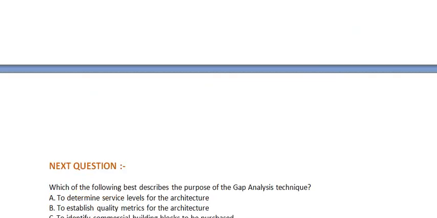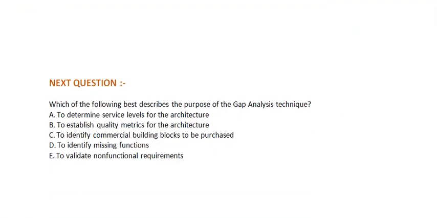Now moving to next question: which of the following best describes the purpose of the gap analysis technique? Option A, to determine service levels for the architecture. Option B, to establish quality metrics for the architecture.